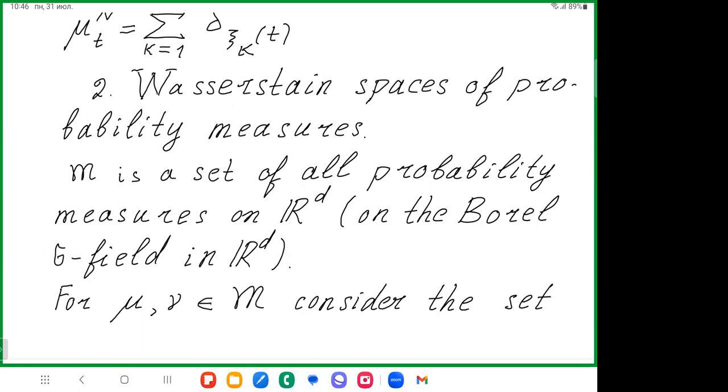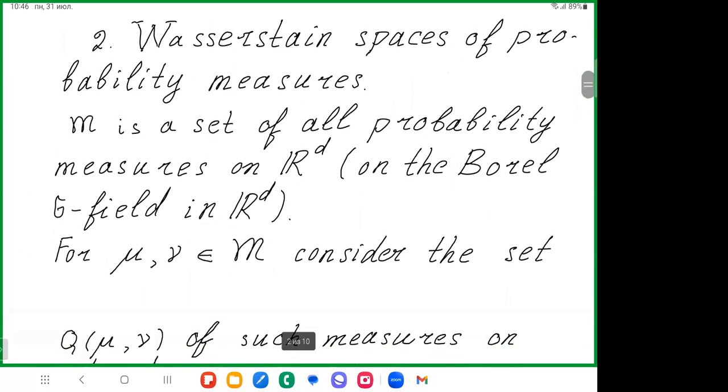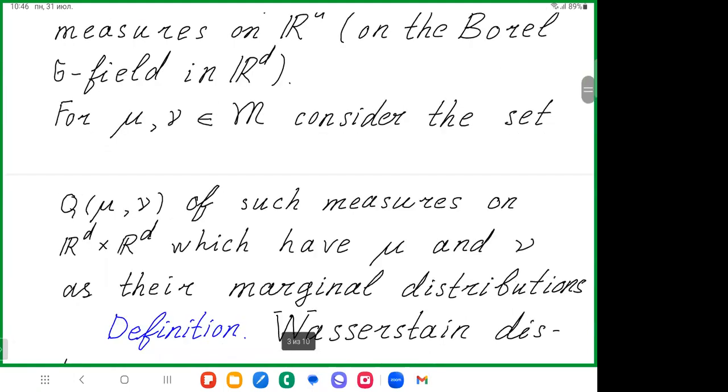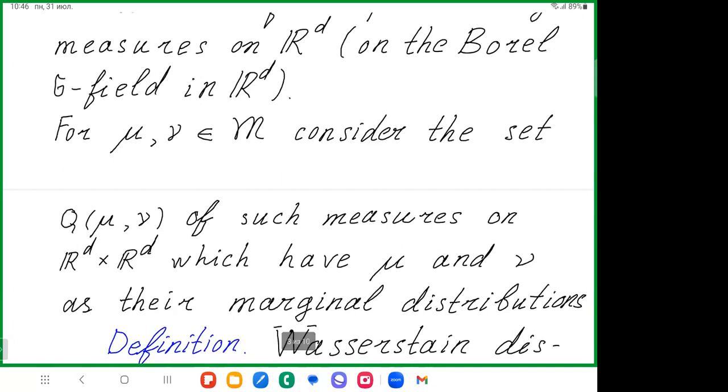Now let us build the distance in M. For mu and nu, which belong to M, consider the set Q(mu, nu) of such measures on R^d times R^d which have mu and nu as their marginal distributions.